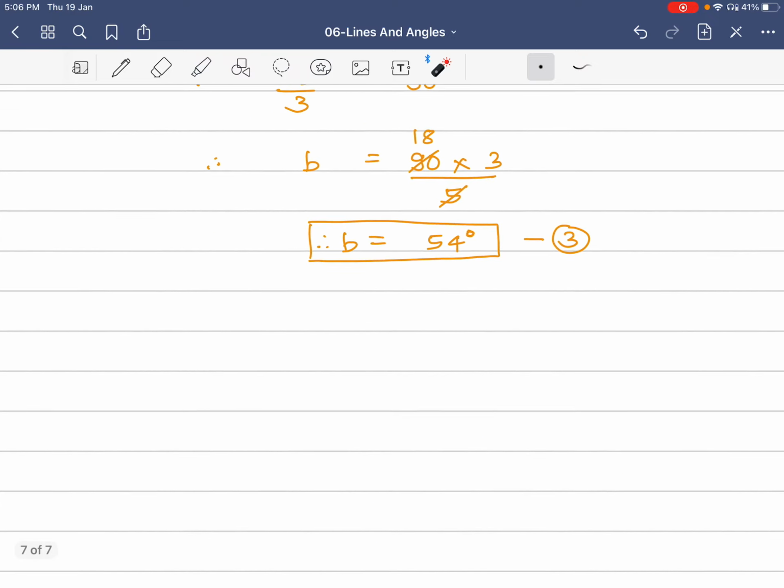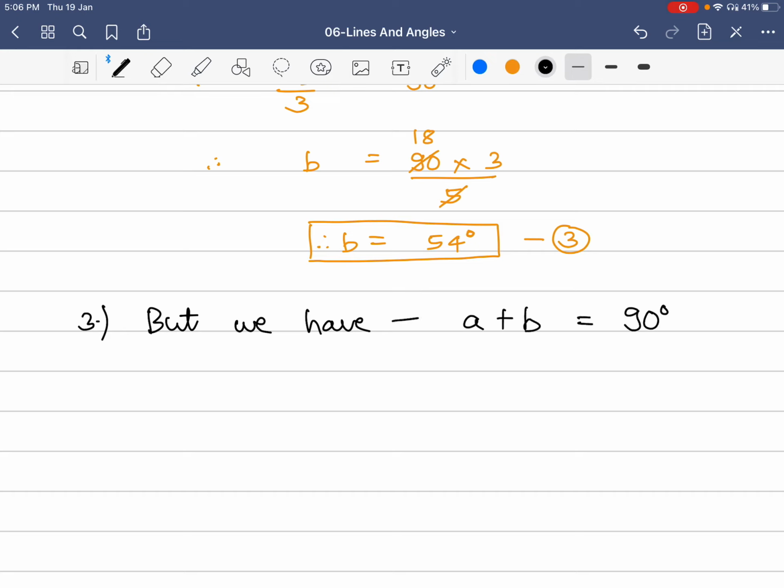It is given that A plus B is equal to 90 degree, and therefore A plus 54 degree, because B is 54 degree, is equal to 90 degree, and therefore A is equal to 90 minus 54, which is equal to 36 degree. Therefore the value of A is 36 degree.